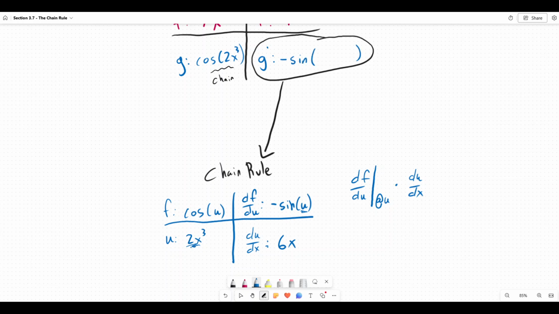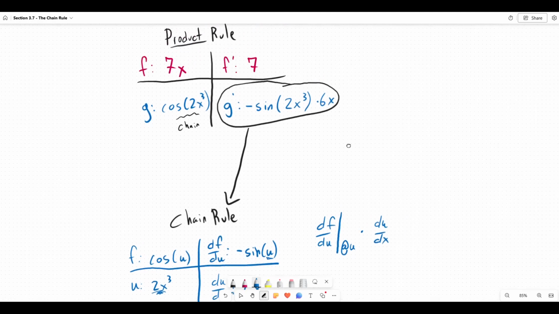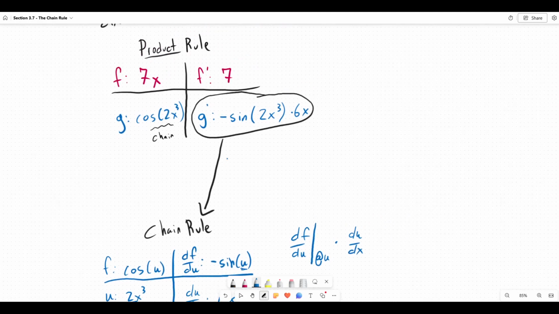And what is that something? 2x cubed. Don't forget that I'm going to multiply times the du dx, which is going to give me negative 6x. Well, I'm sorry, it's a negative from the beginning.